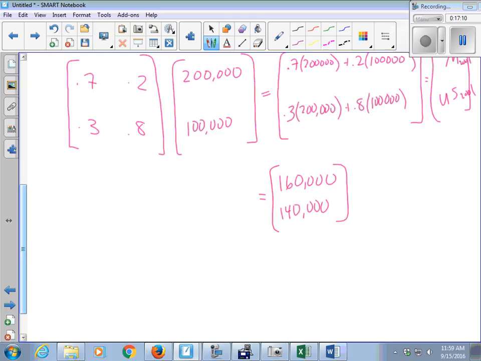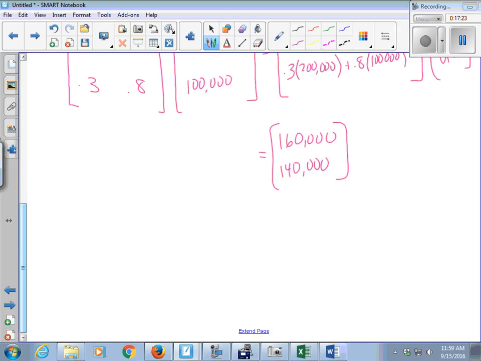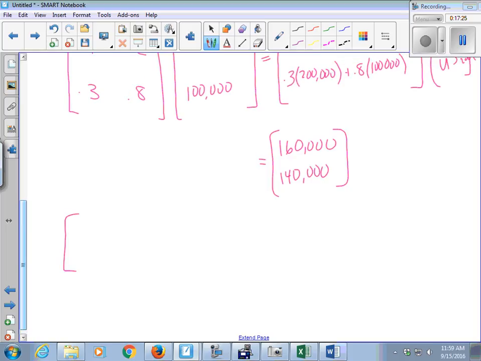How would I get the population in 2002, the next year? Just use those numbers. Use the migration matrix again. So you just do 0.7, 0.3, 0.2, 0.8 times your 2001 numbers.